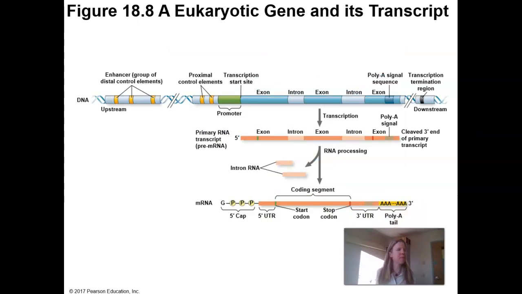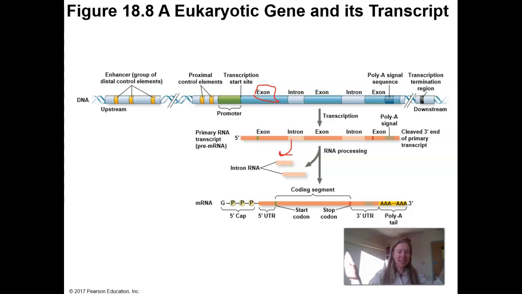Get out of your way, okay? Remember, exons and introns. So exons are going to be expressed. Exons are going to be expressed. And so what we're doing here is we're pulling these introns out.